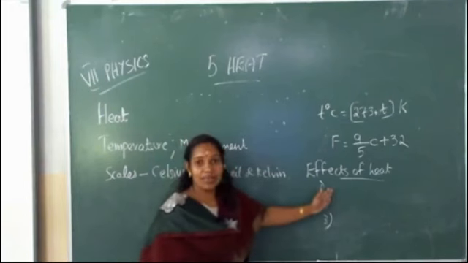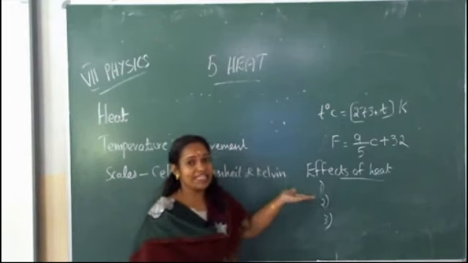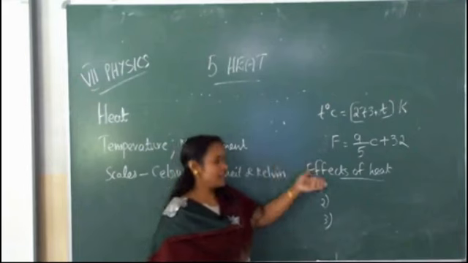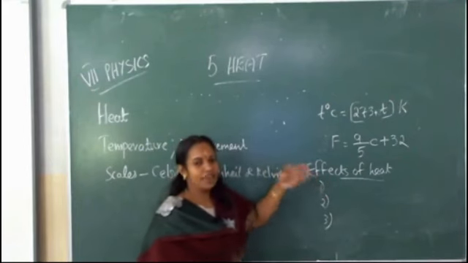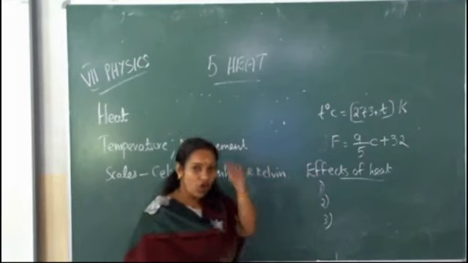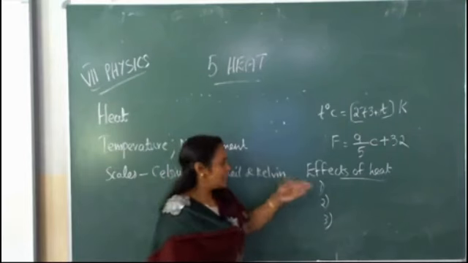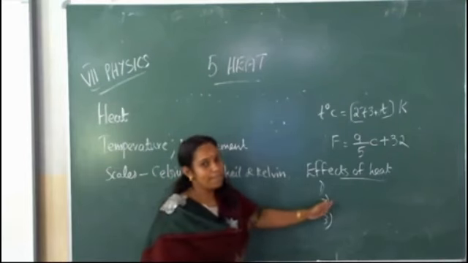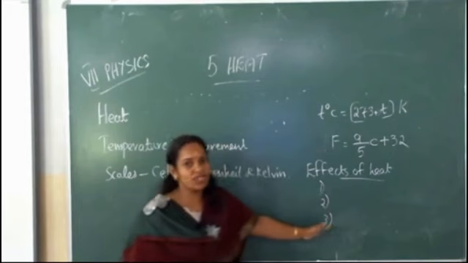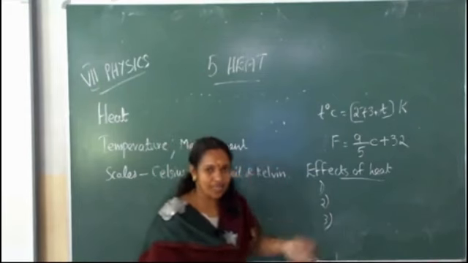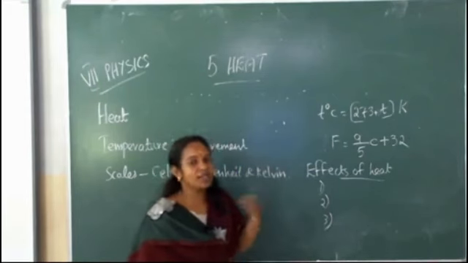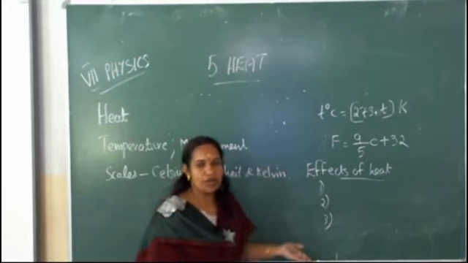If you are selecting a material with high specific heat capacity, then the increase in temperature will be less. If you are selecting a material with a low specific heat capacity, the increase in temperature will be more. Third factor is mass of the body.